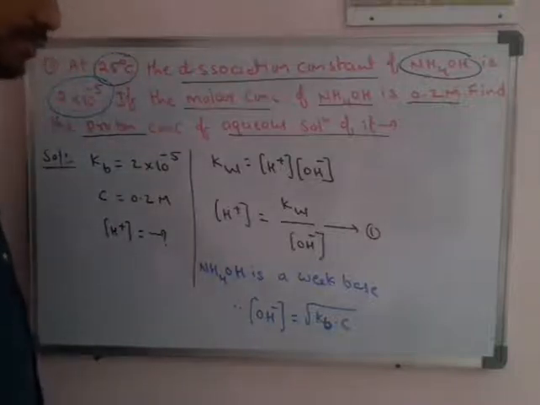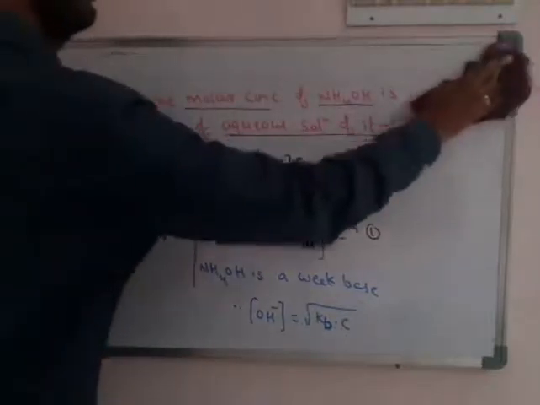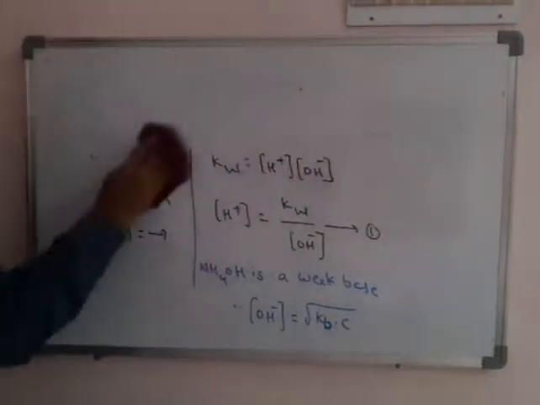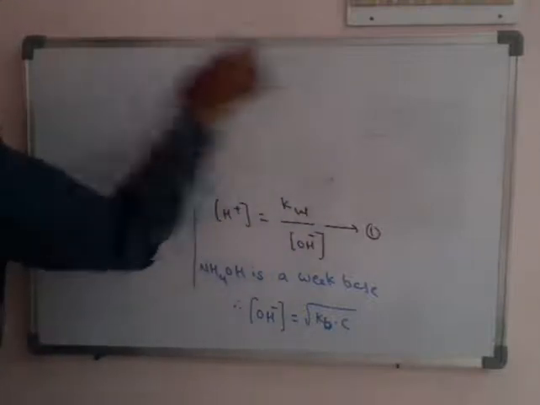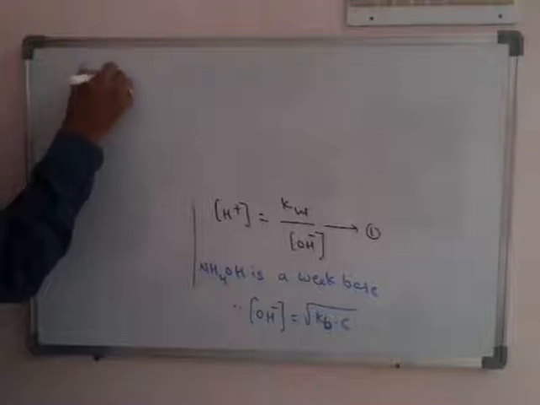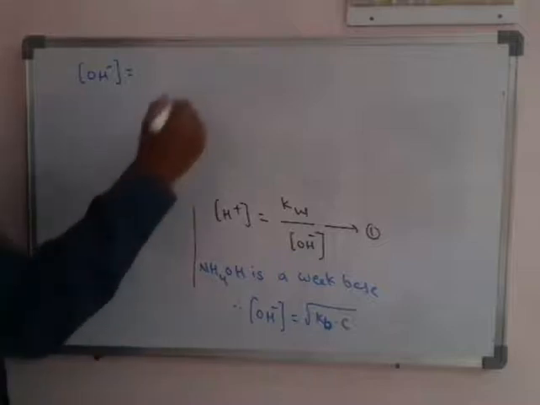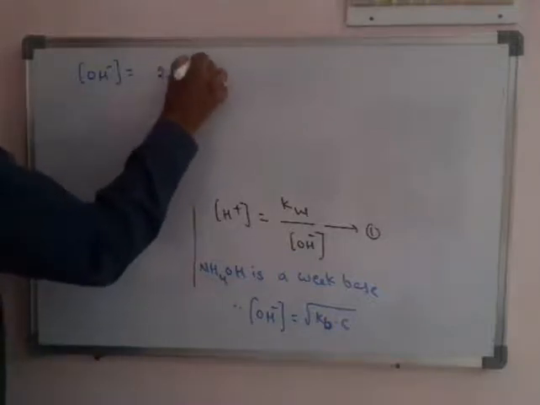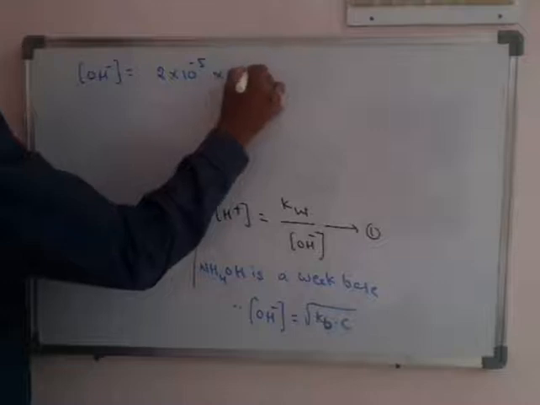Okay, now substitute the values in it. So OH minus equal to root of Kb into C. Kb value is given as 2 into 10 to the power minus 5. C, the concentration, is given as 0.2 in terms of molarity.